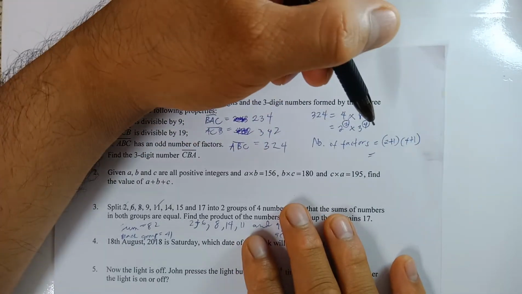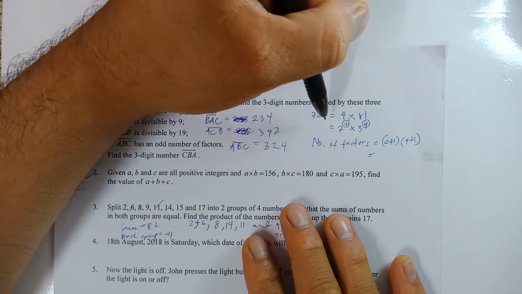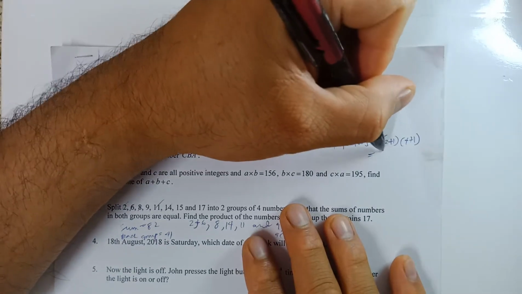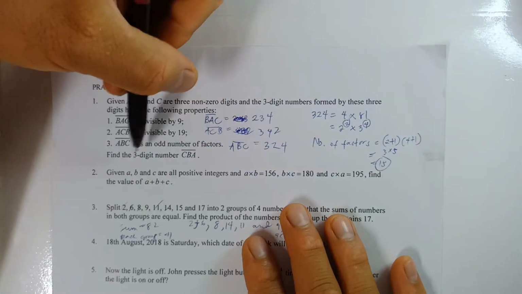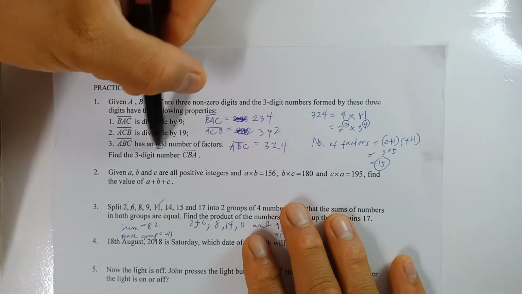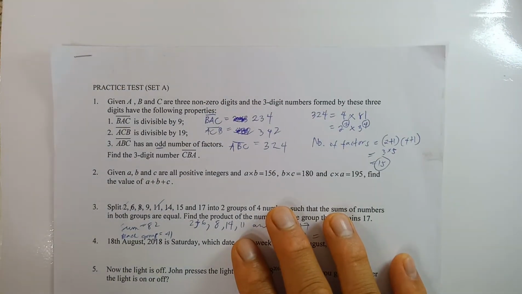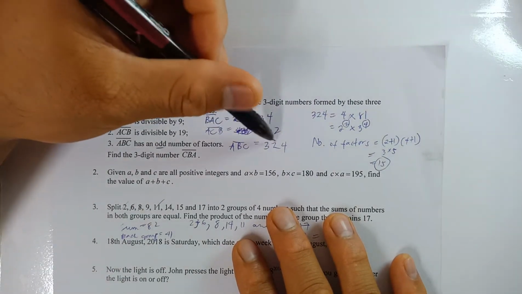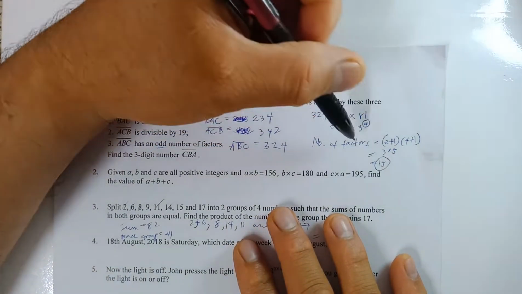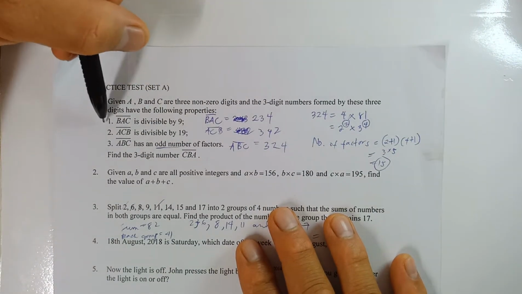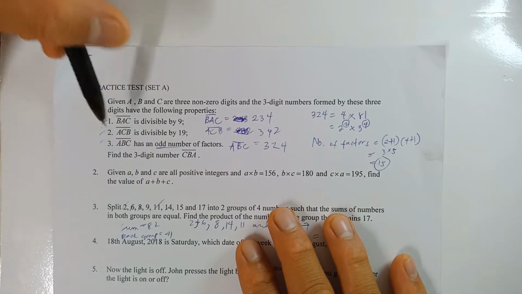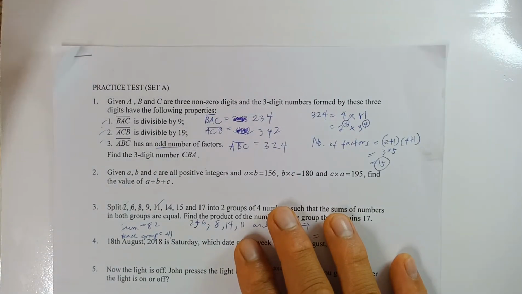So the total number of factors of 324 is 3 times 5 or 15. And 15 is an odd number, so it satisfies condition 3. The number ABC, which is 324, has 15 factors or an odd number of factors. So all the 3 conditions are satisfied. So this is our correct set of numbers.